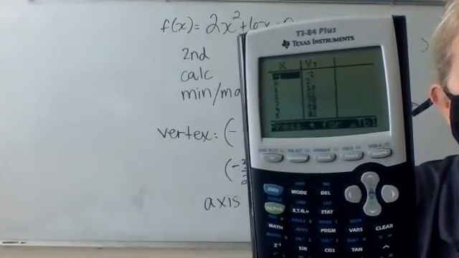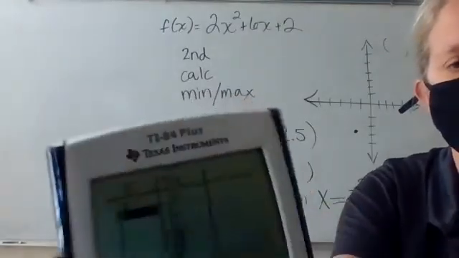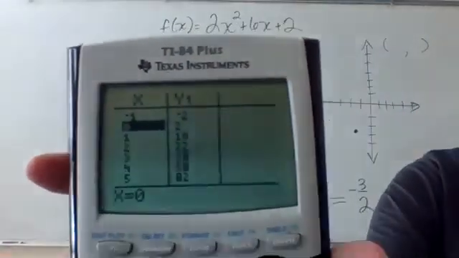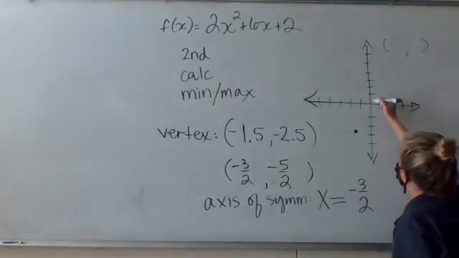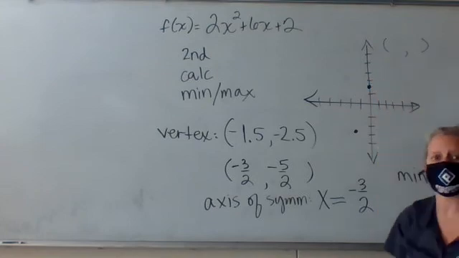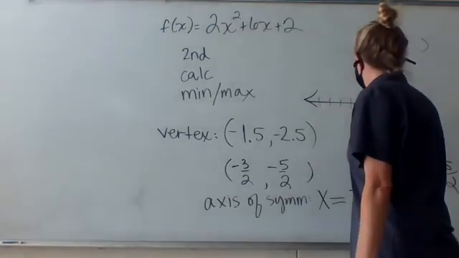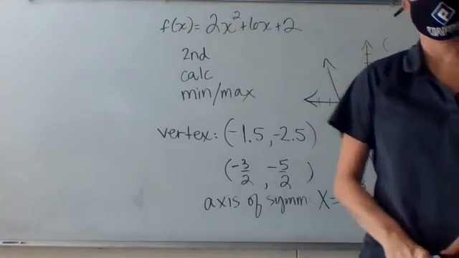So there's another point, it looks like at 0, 2. If I show that point, so 0, 2 would be here. And once you draw that second point, it'll draw that parabola for you.